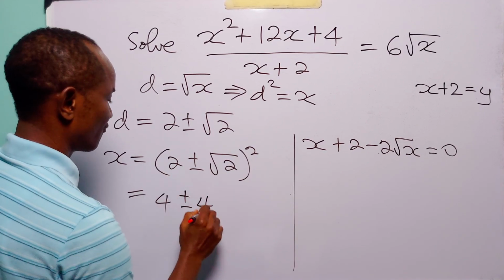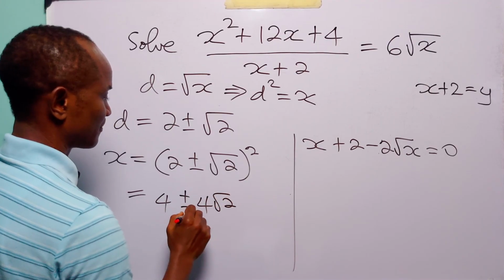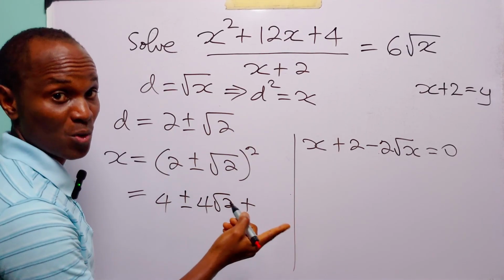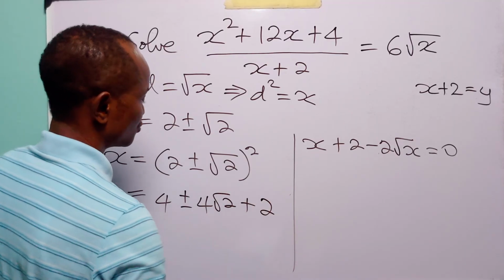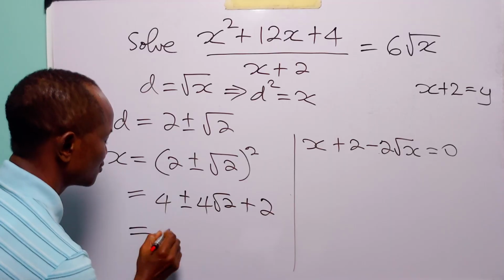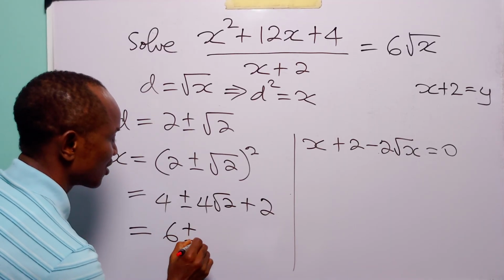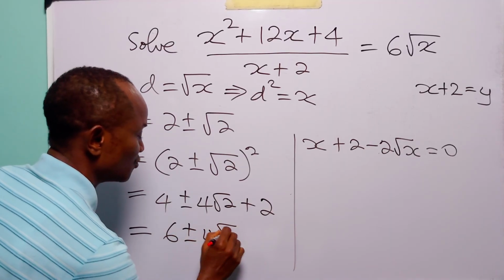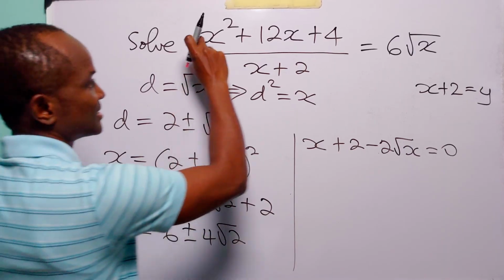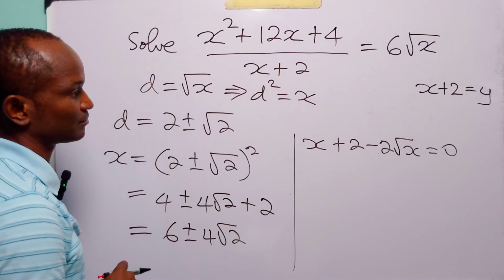That is 4 root 2. And then plus or minus root 2 squared, which is equal to 2. So we have that x is equal to 4 plus 2, which is 6, plus or minus 4 root 2. So now we have two values of x that satisfy this equation.